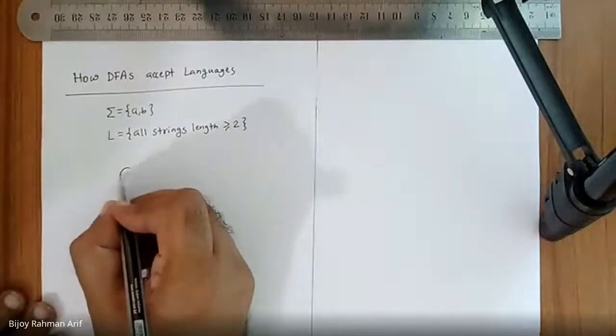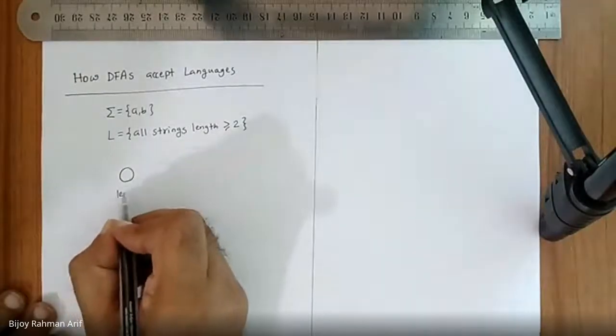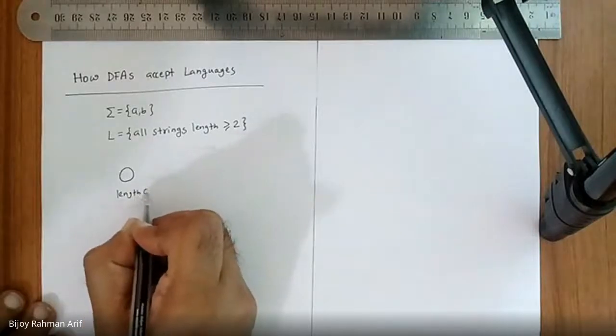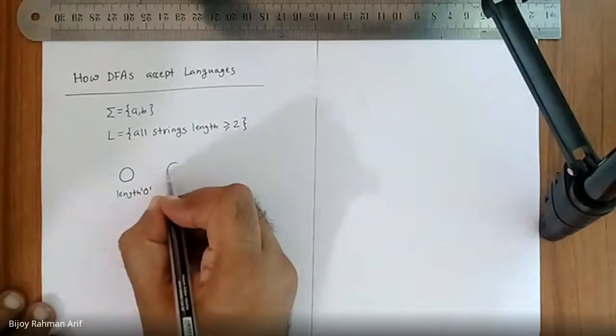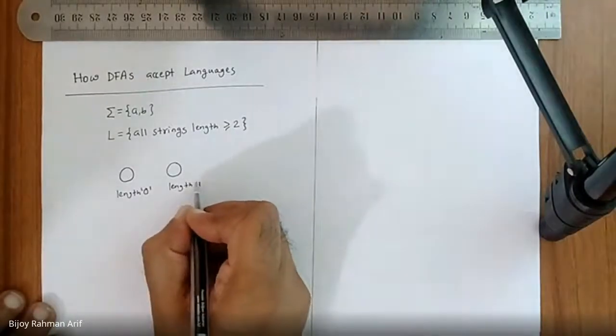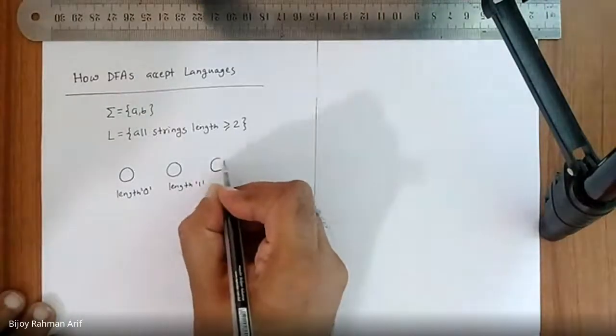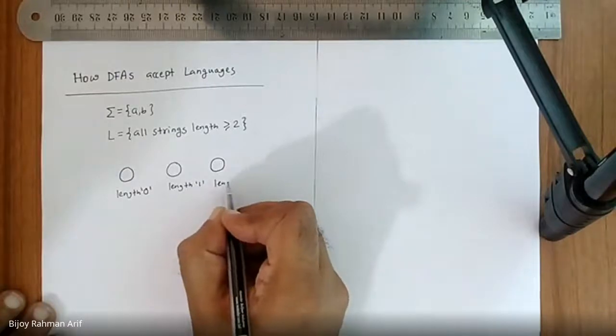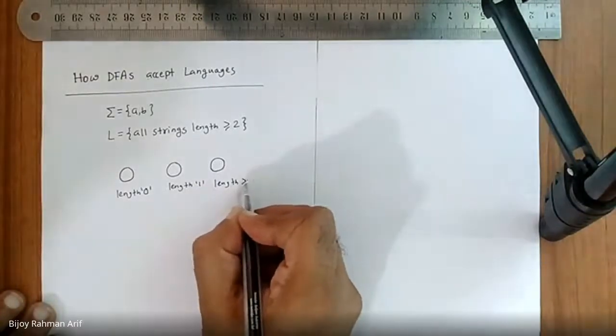So there will be some states for length 0 and length 1. Okay, so I have first a state for length 0. Then I have another state for length 1. Then I have another state, let's say this is length greater or equal to 2.